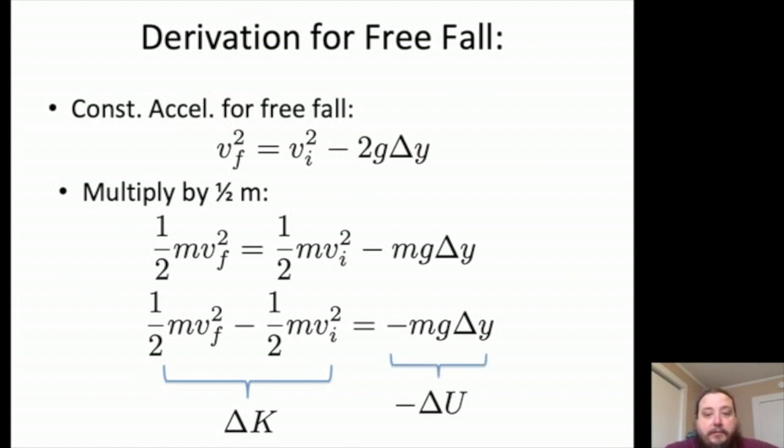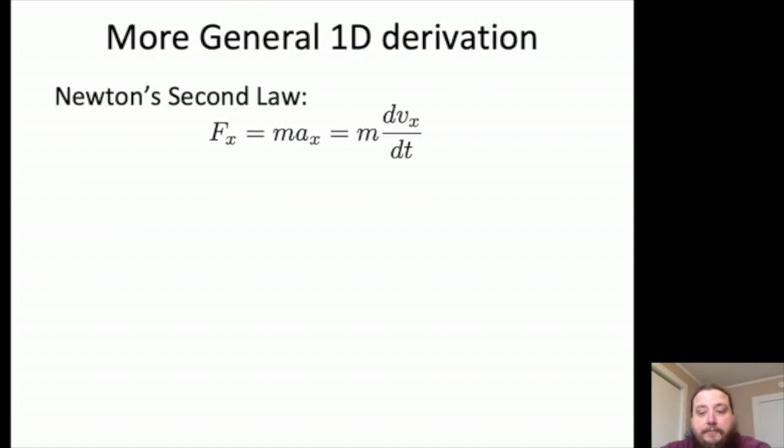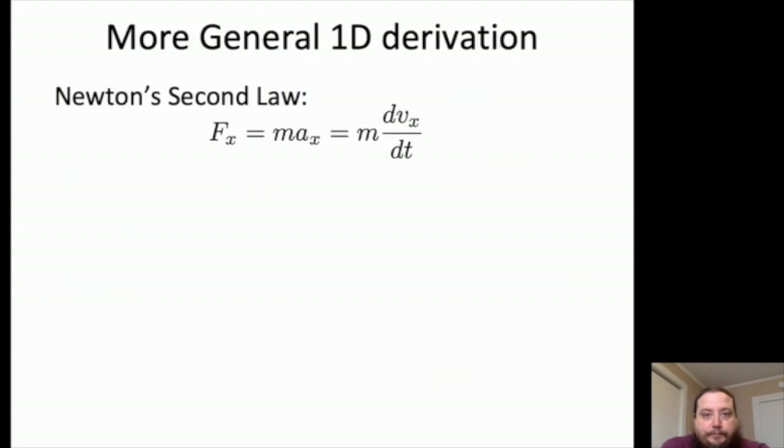The stuff on the right becomes minus the change in the gravitational potential energy, which allows us to write this as the total sum of changes in kinetic energy plus changes in potential energy must be 0, or also equivalently, that any kinetic energy gained must be the same amount as potential energy lost, and any potential energy gained must be the opposite of any kinetic energy lost. So, in other words, this is a sort of proof that conservation of energy does in fact at least hold true for the case of a freely falling object.